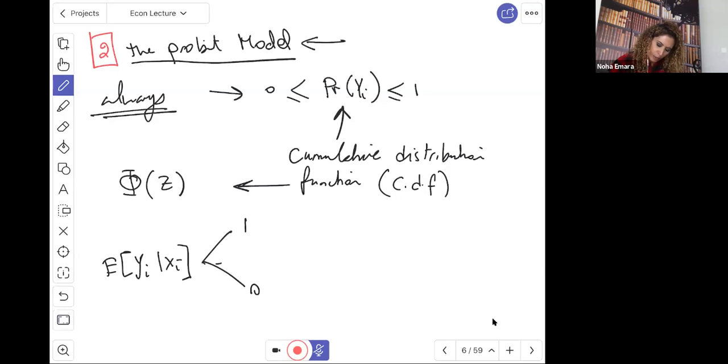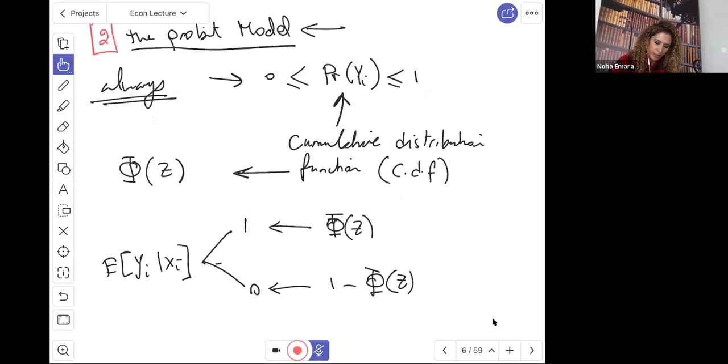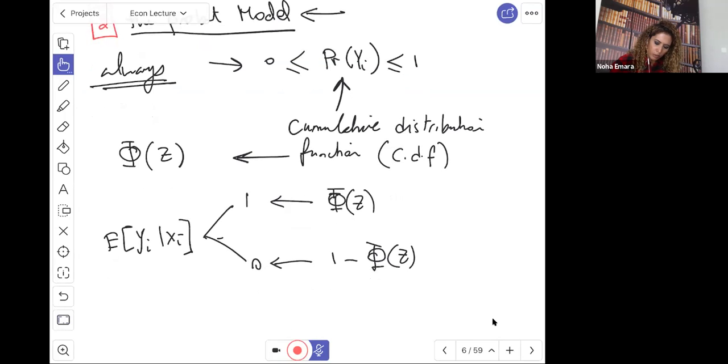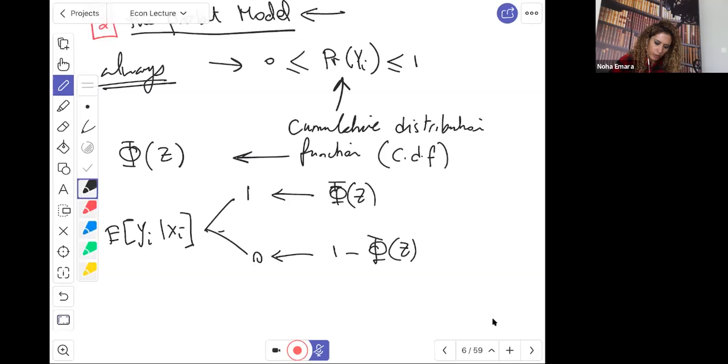This probability we call the CDF, phi of Z, and the rest is 1 minus phi of Z. If I want to compute the expectation, it's outcome times probability.